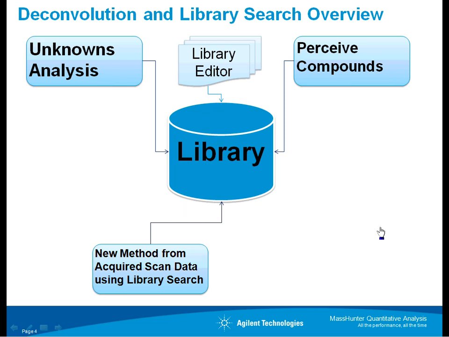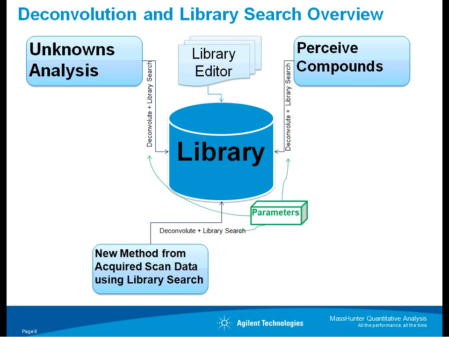Let me illustrate my point about the same technology by showing you that in the case here, they all end up doing deconvolution and library search: unknowns analysis, perceived, sometimes called find compounds, and new method from acquired scan data using library search.